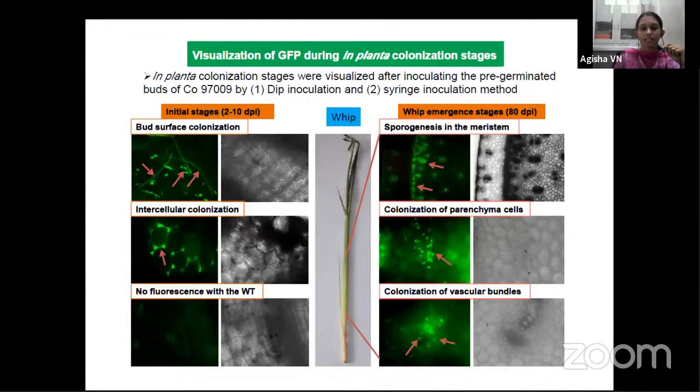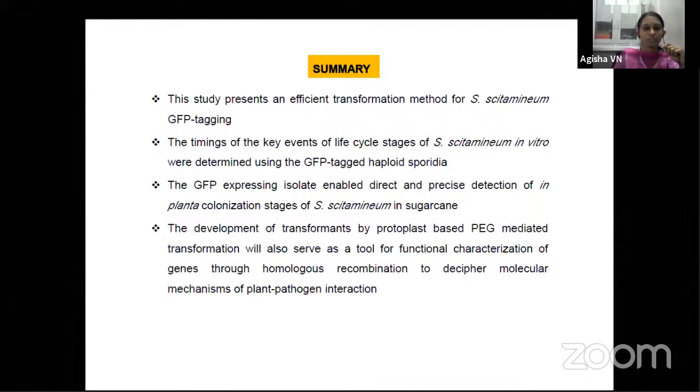During 8 dpa, that is during the whip emergence stages, we can see sporogenesis in the peripheral portions of the meristem, and in the central part of the meristem, colonization of parenchyma cells as well as vascular bundles could be seen. Coming to the summary, the study presents an efficient transformation method for S. scitamineum GFP tagging.